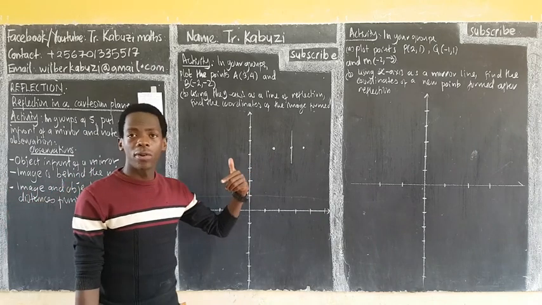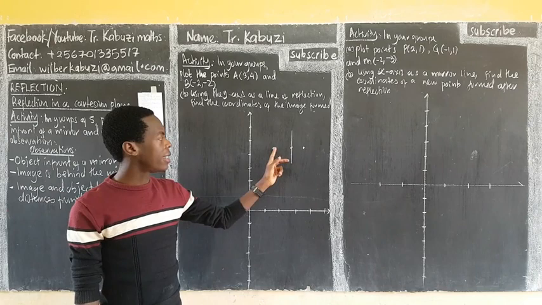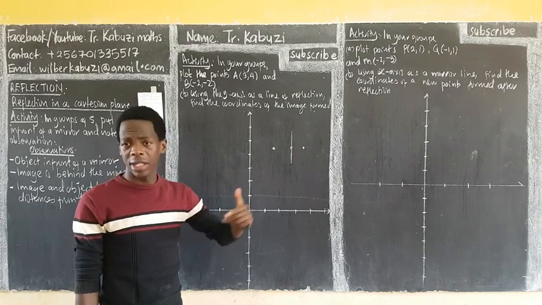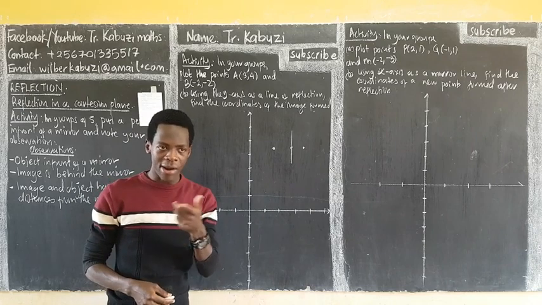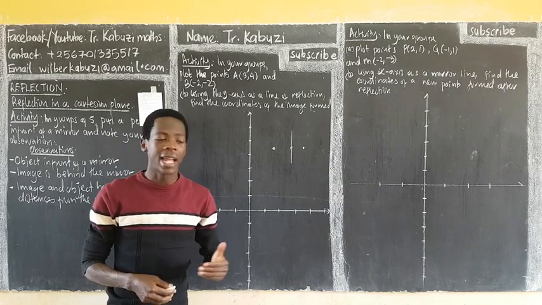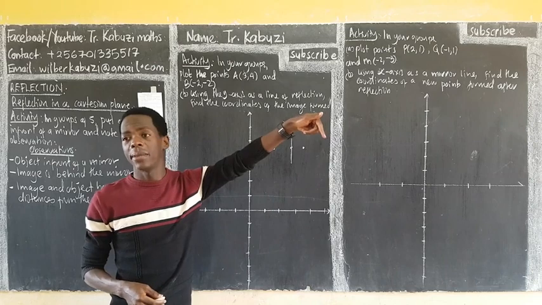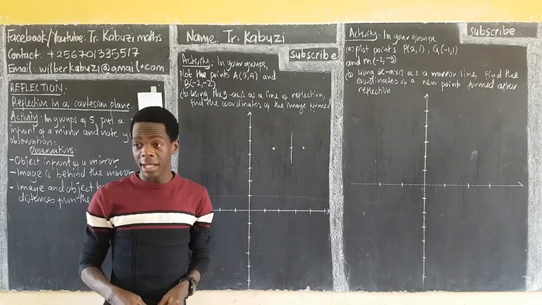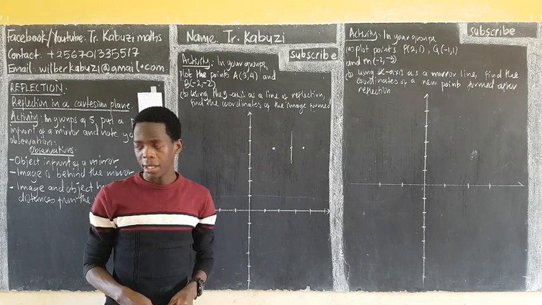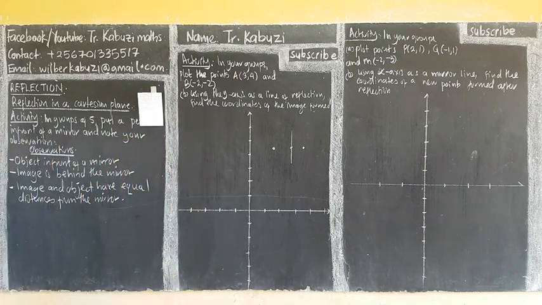When you look at that pen, I think you saw that the distance from here up to here, they were at the same distance. Can you realize that again? The distance of the image you see behind is the same as the distance you see for the pen. Okay, so that's what we are collecting there.